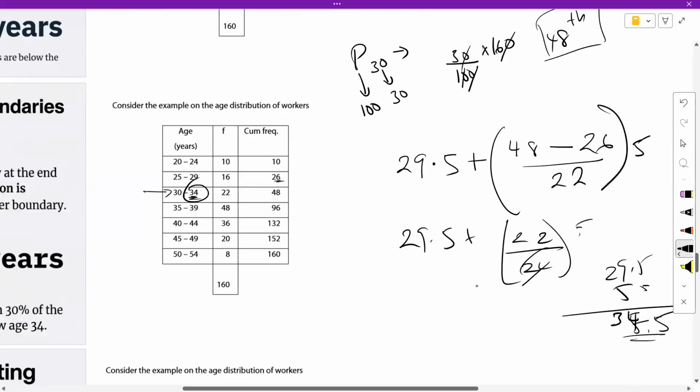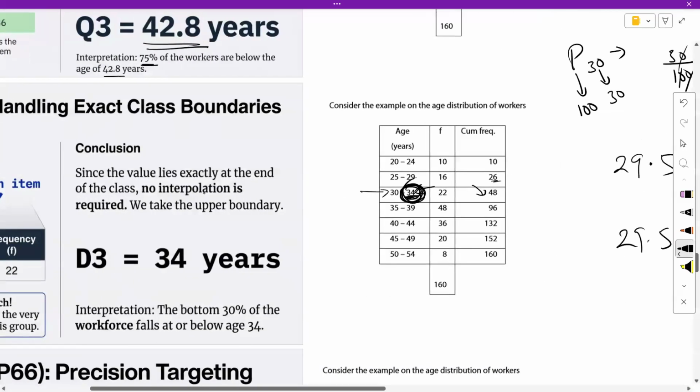Yes, 34.5. You see here the lower bound and the upper bound. So without doing calculation, we can find it directly here. What is this? The 48th position. As we discussed earlier, it is the last person in the group. There is a logic.